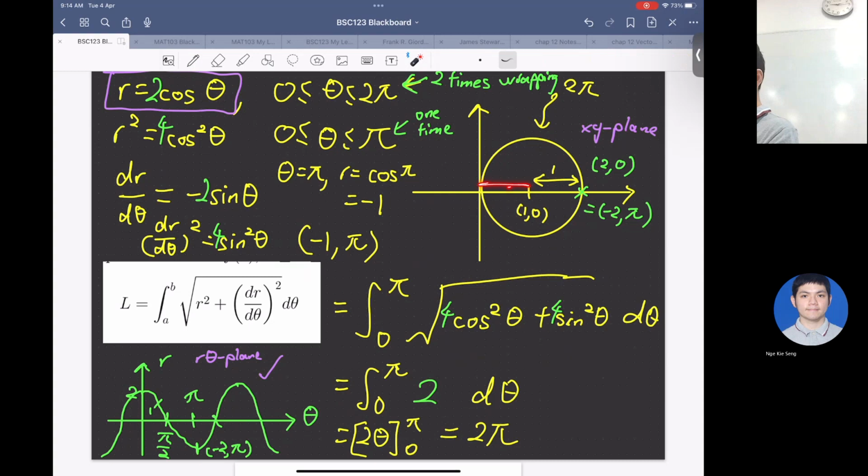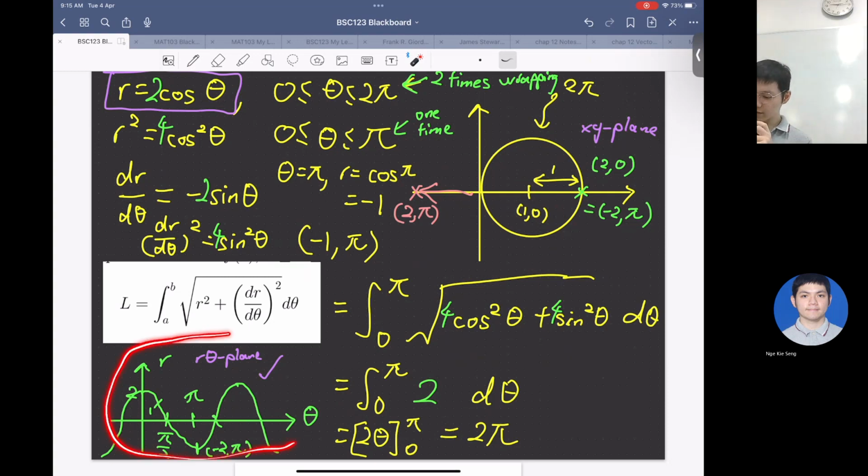Let me draw. Here is 2 pi. So you do minus 2 pi and it becomes that side. So far okay?